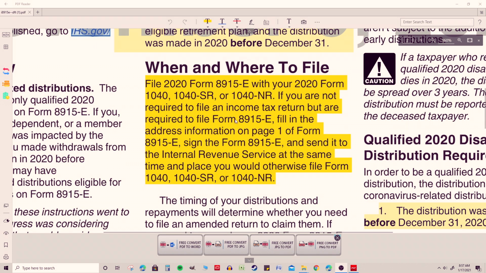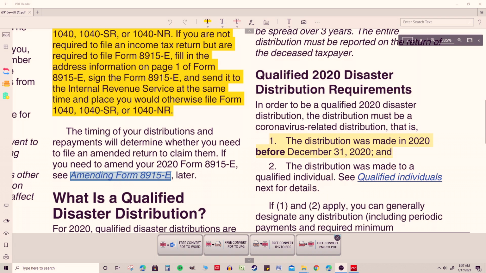Now, even if you don't have an income tax return filing requirement, you still have to file this form if you took one of these distributions. I'm not going to read all these instructions to you guys. You guys can obviously read this for yourself. There's 9 pages of information here, but the distribution is basically any distribution that was made in 2020 for coronavirus-related hardship.